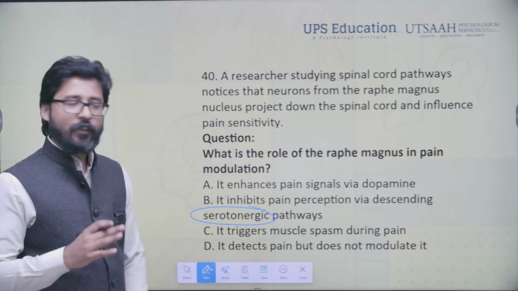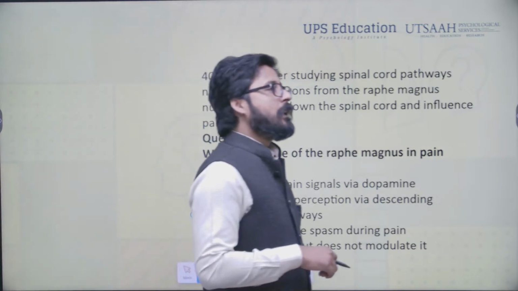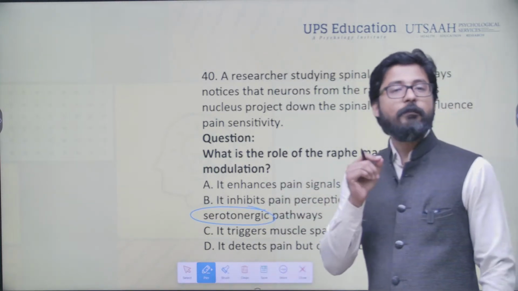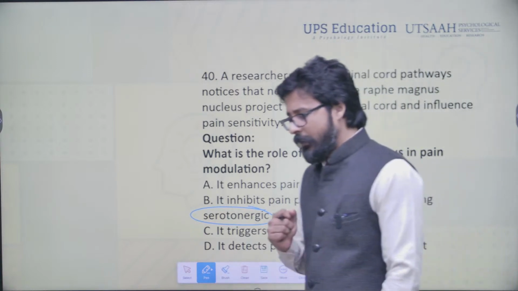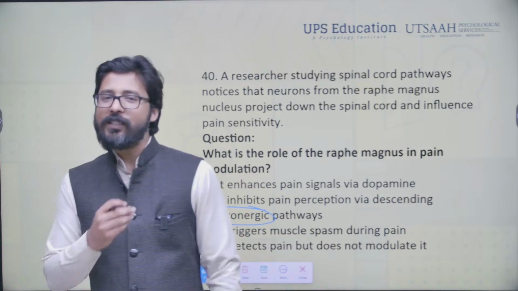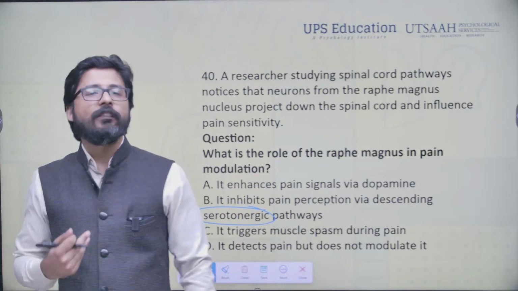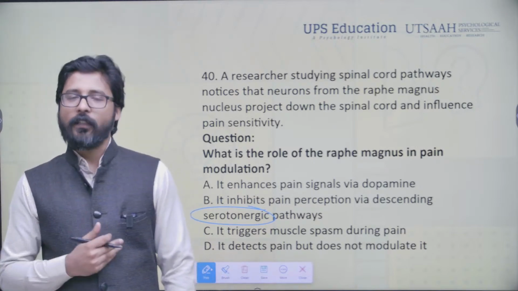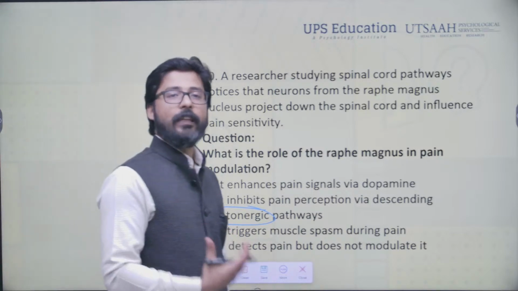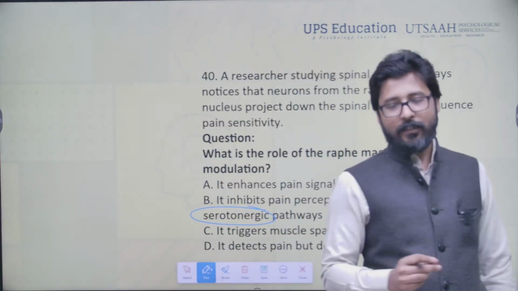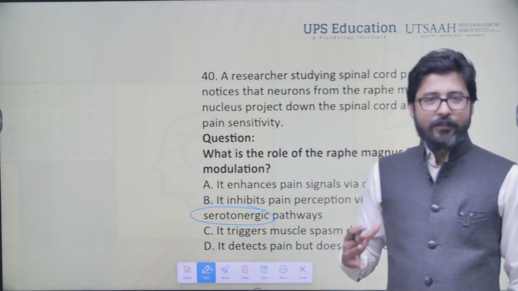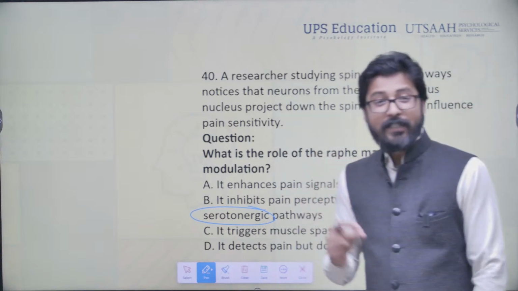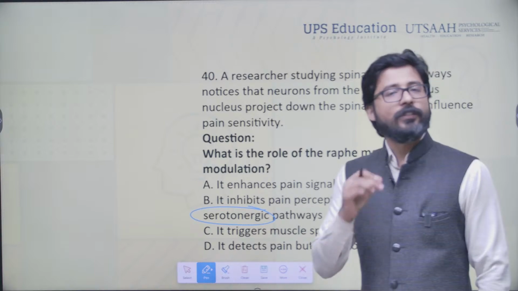If you are aware of the raphe magnus, the correct answer will be B. Raphe magnus is responsible for sending descending serotonergic fibers that specifically inhibit pain transmission in the spinal cord. Whenever any individual has pain, at that time raphe magnus sends serotonergic fibers that inhibit pain transmission in the spinal cord. This is the key mechanism in our body for central pain modulation.